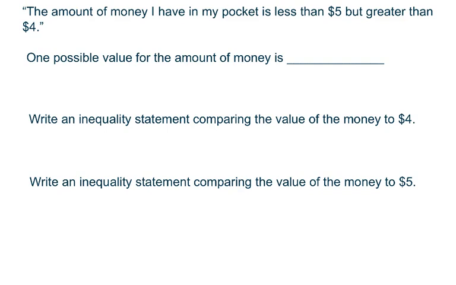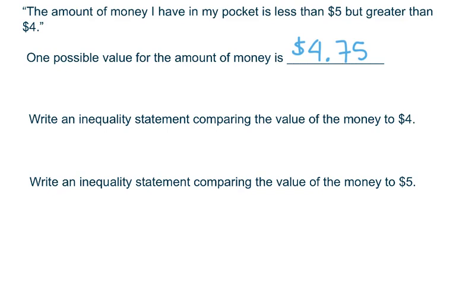Example 1. The amount of money I have in my pocket is less than $5, but greater than $4. One possible value for the amount of money is... One possible value would be $4.75. Write an inequality statement comparing the value of the money to $4.